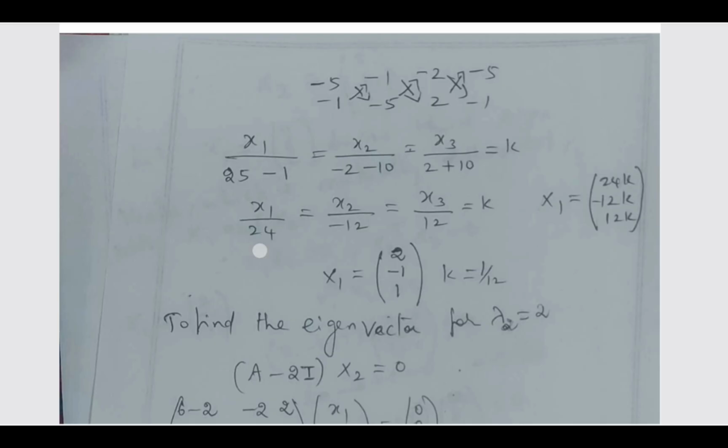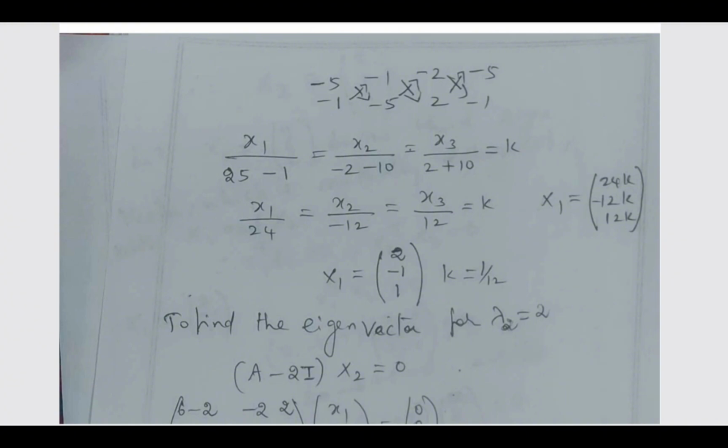So x1 is 24k, x2 is minus 12k and x3 is 12k. By taking k equal to the minimum value 1 by 12, I have taken 2, minus 1, 1. So this is the eigenvector for the distinct eigenvalue only.